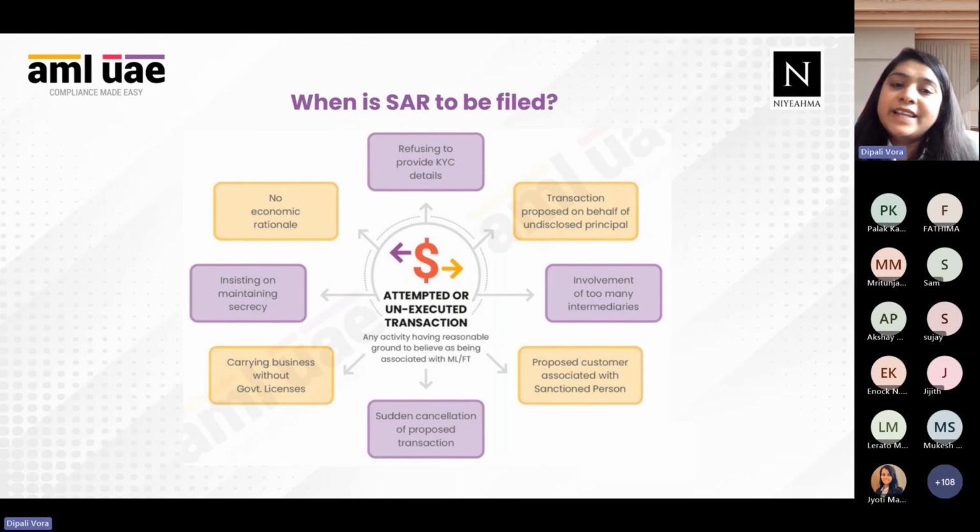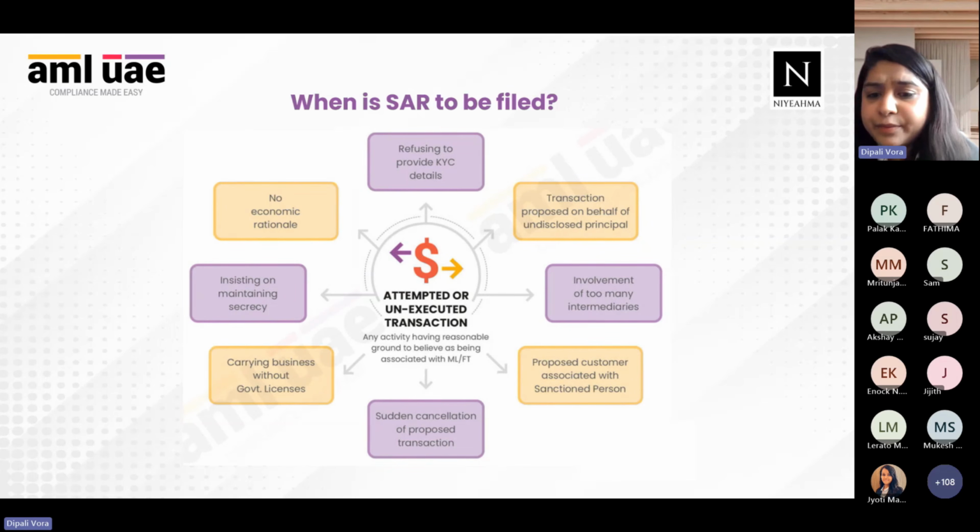There is somebody behind them. That person could be sanctioned, that person could be a criminal who cannot come and face the world directly, and they're using some money mules to complete their transaction. So that is also to be considered at the time of filing a suspicious activity report.